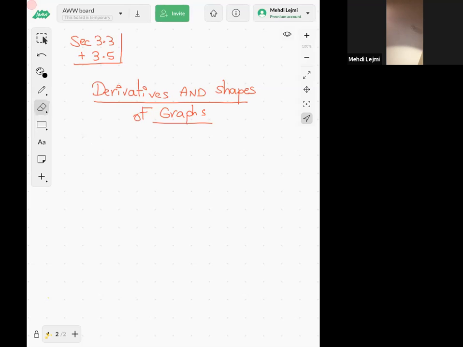So let's continue with the derivative and shapes of graphs. First, I'm going to start with when the function is increasing and when the function is decreasing. This is actually a theorem.